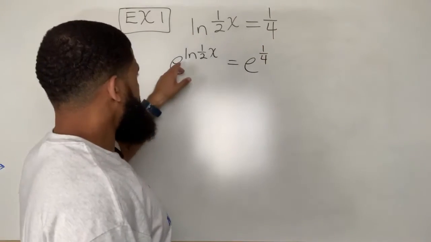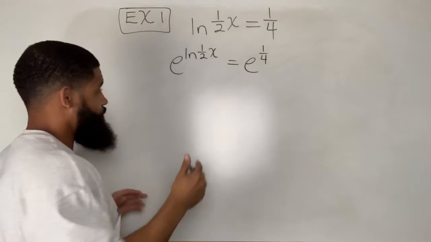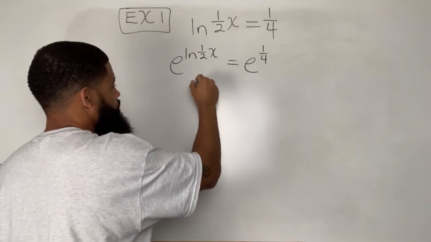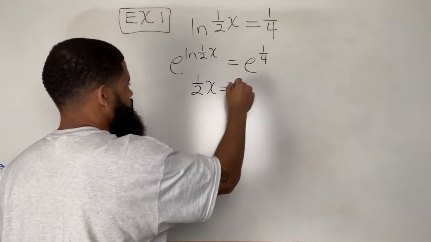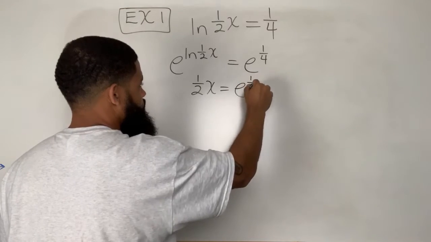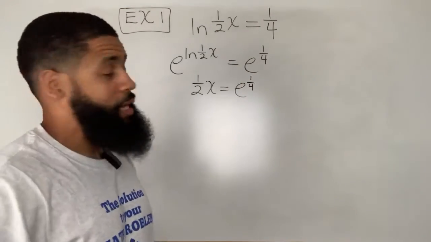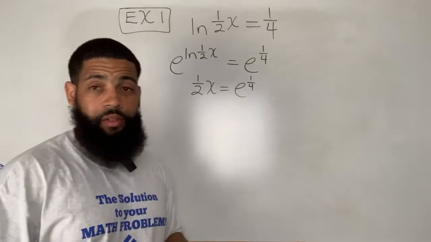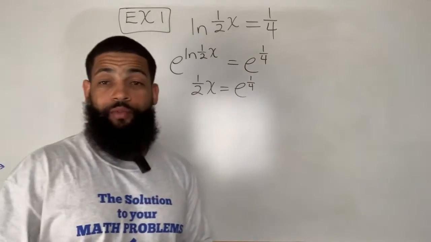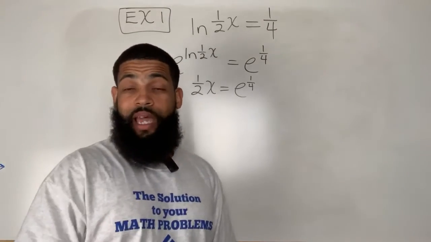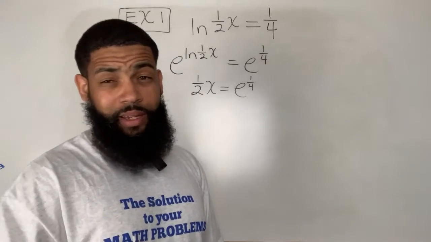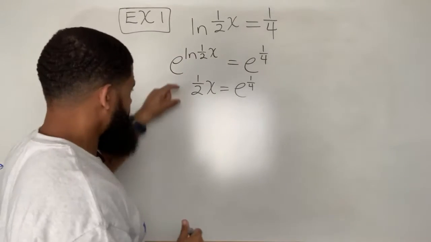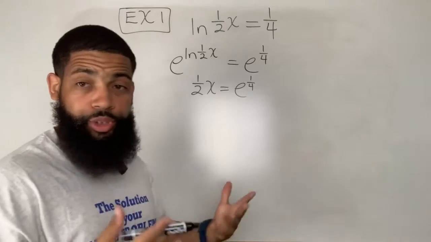e and natural log are inverses, so I'm just left with 1/2 x is equal to e to the 1/4 power. Now, in order to get x by itself, I need to divide by 1/2. Dividing by 1/2 is the same thing as multiplying by 2, so I can multiply this by 2 over 1, or just 2.